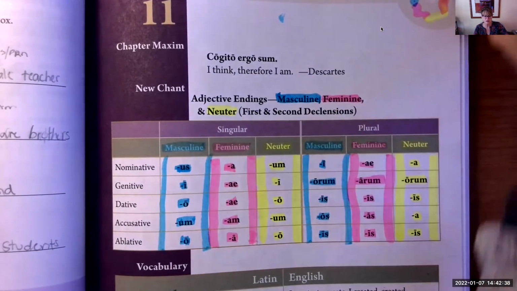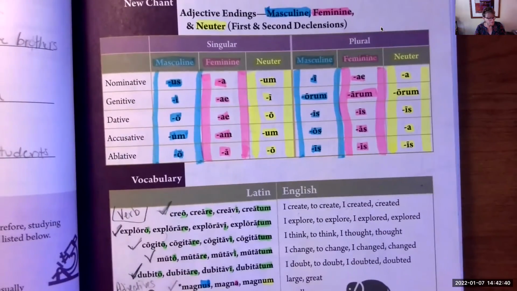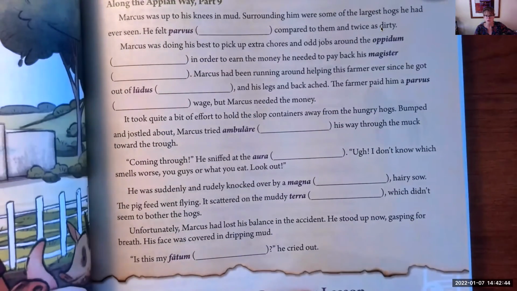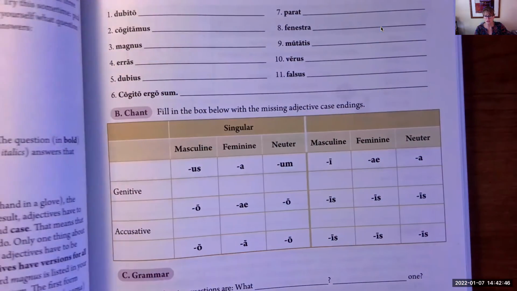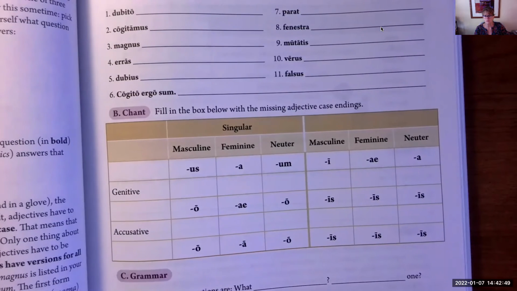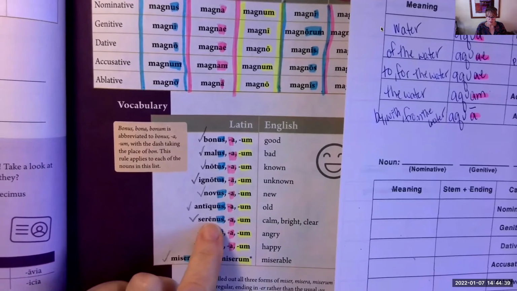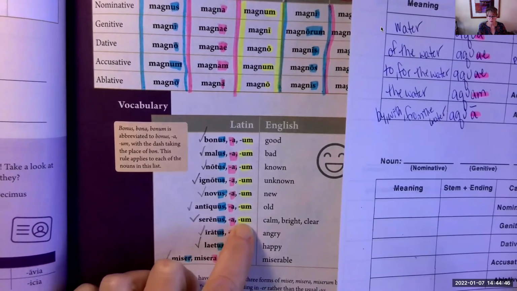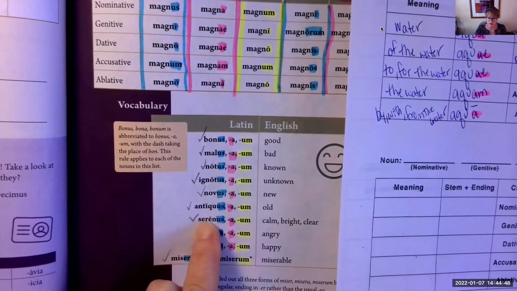The only thing we did was we took phrases and I taught you how to do a phrase. I can show you right here. If you look in chapter 12, they have the adjective serenus, a, um. And you notice that adjectives are listed differently.